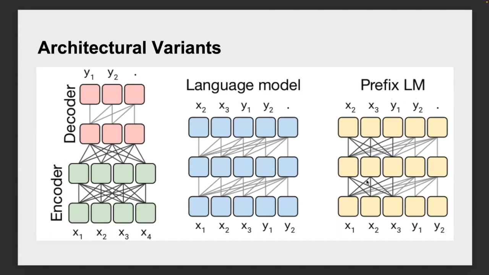So it's still a generative model, but you see the links here, right? If you set the prefix to be K, they can all attend to each other. And then after K, it becomes causal links again. So that's a different architectural variant.